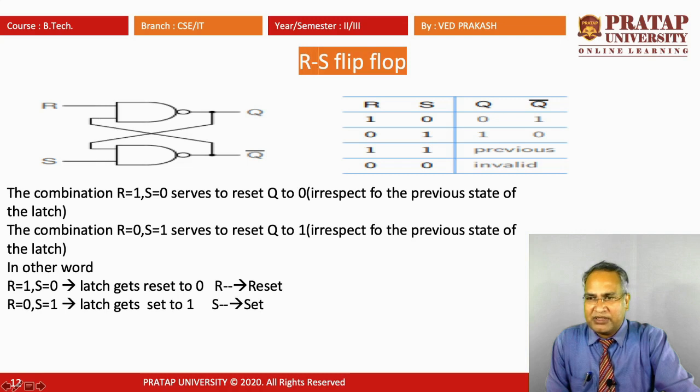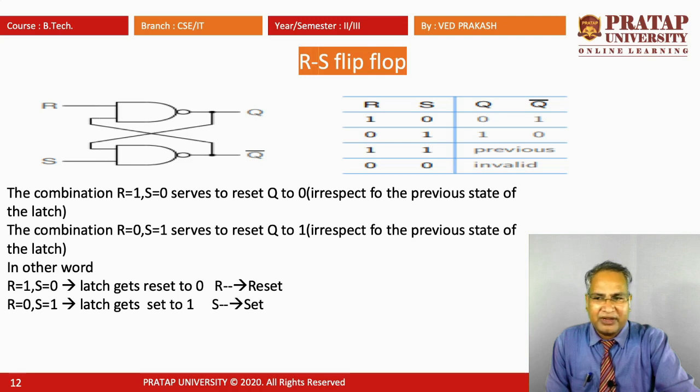So here we can also express this operation step by step. The combination of R1 and S0 serves to reset Q to 0 with respect to the previous state of the latch. The combination of R0 and S1 serves to set Q to 1 with respect to the previous state of the latch.